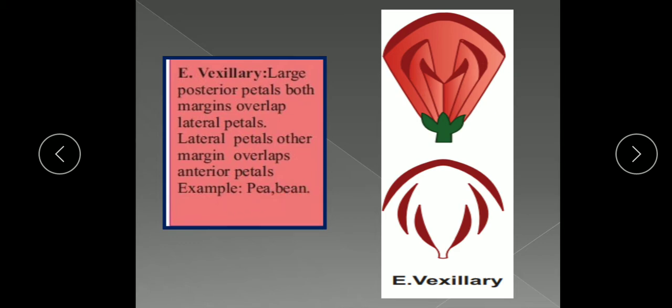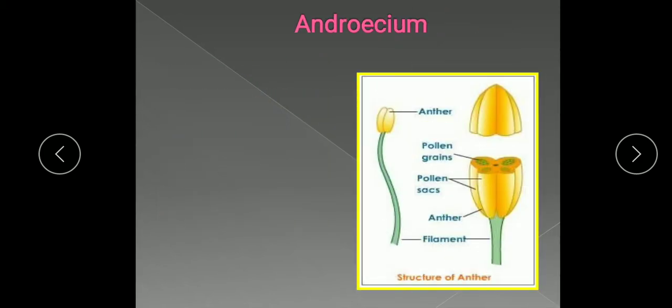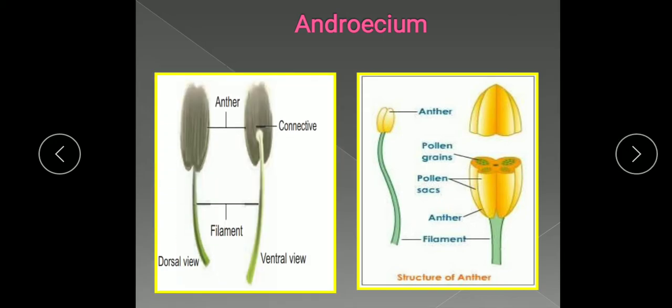So understood, children? This is all about the estivation, that is the mode of arrangement of sepals and petals in a floral bud with respect to the other members of the same whorl. Now we'll study the third whorl in a flower, that is the androecium, and this is actually part of the essential whorls.